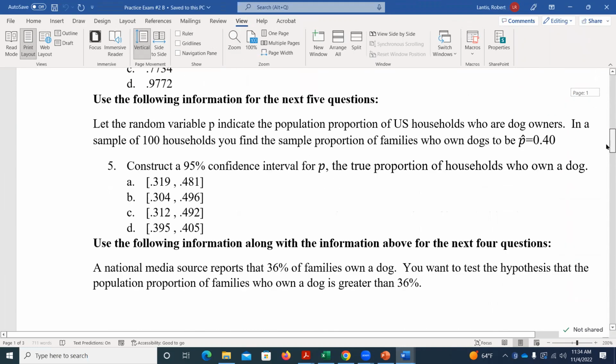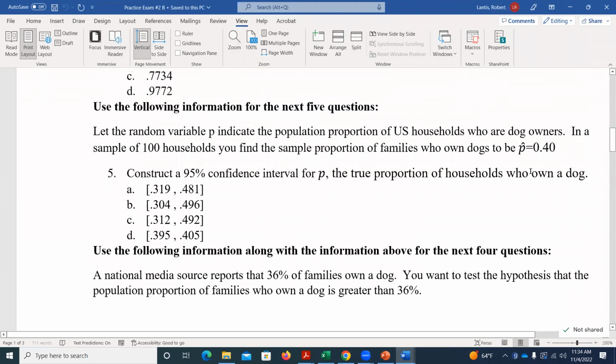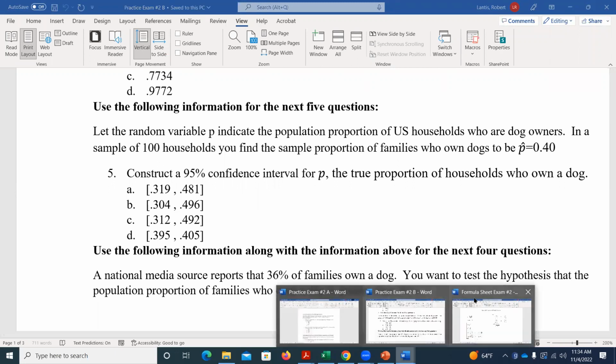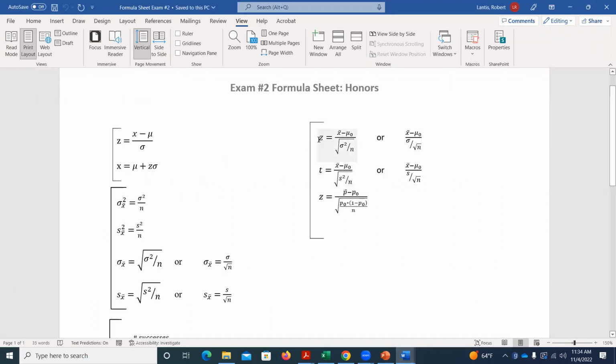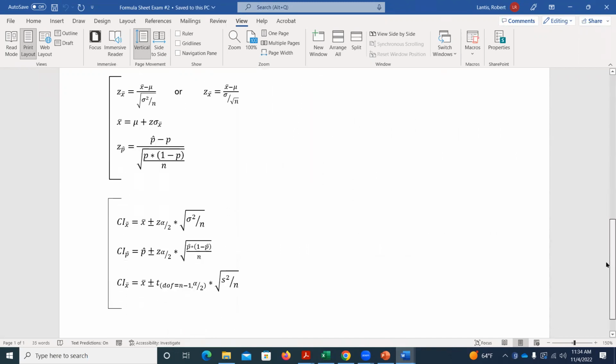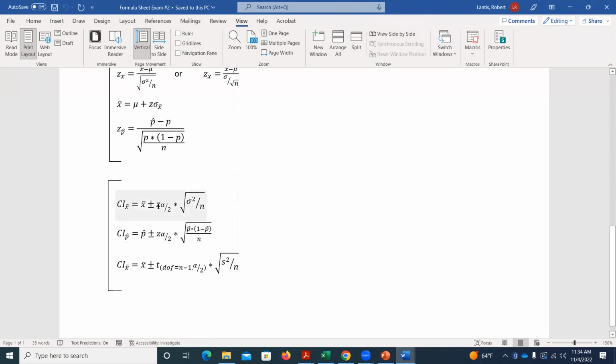Just like here, if I come down to sample proportion, I'm giving you the notation. Sample proportion, I should match that up to the formula sheet. The formula sheet is even pretty kind in that it uses Z or T to identify, where are my confidence intervals down here, to match up with that notation.